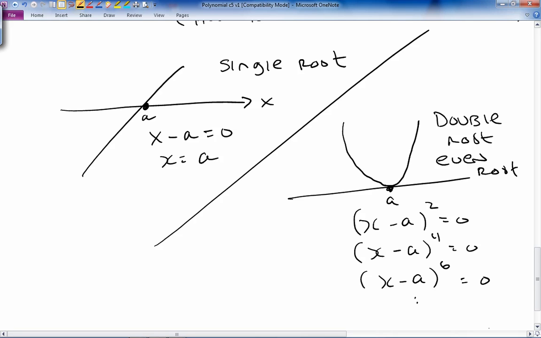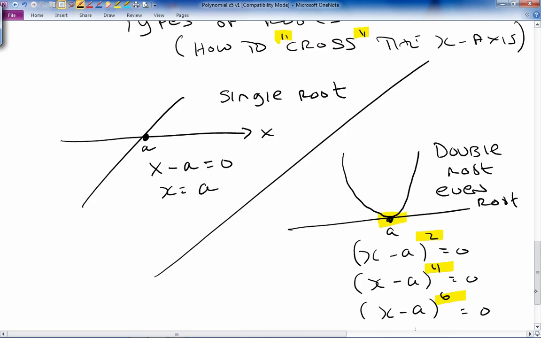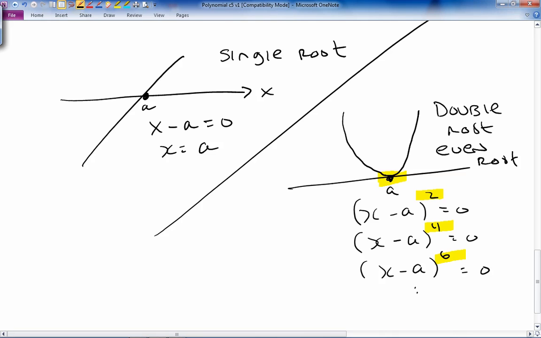It's the exponent here that drives things, just like the degree. So double root comes down and just touches, does not actually cross, which is why I have cross in quotations. Okay? So a double root, and yes, there's nothing to stop it from going like that if we had negative x minus a squared. Remember, the negative flips over the x-axis.